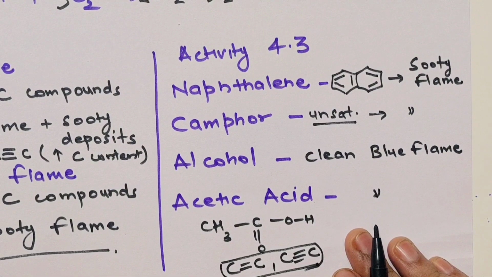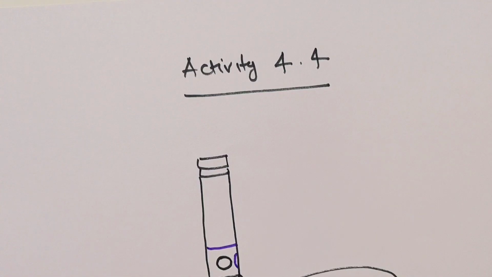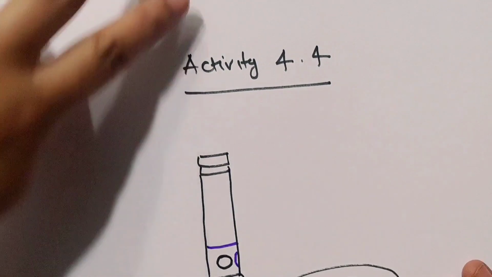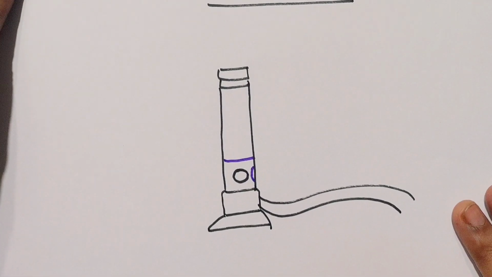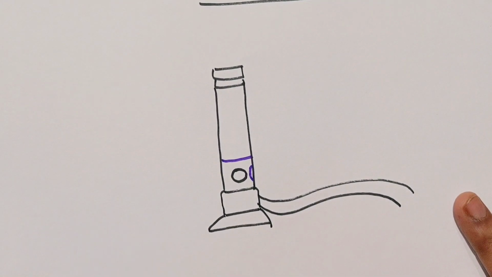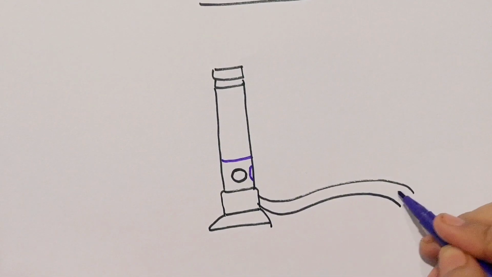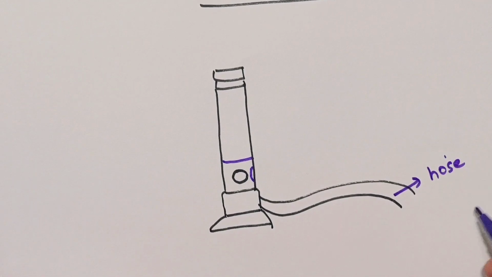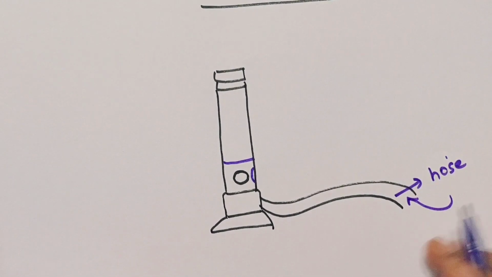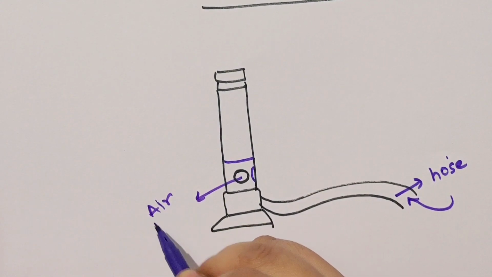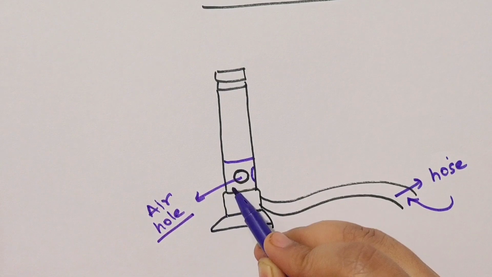Now we will talk about oxidation. Before we get any further with oxidation, let's talk about activity 4.4. In activity 4.4, basically they talk about the Bunsen burner. Now this is the diagram of the Bunsen burner. This is the hose through which the fuel goes in. This is the hole which allows air to get inside.